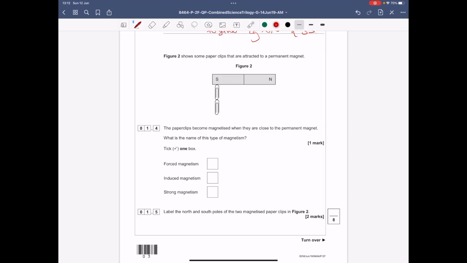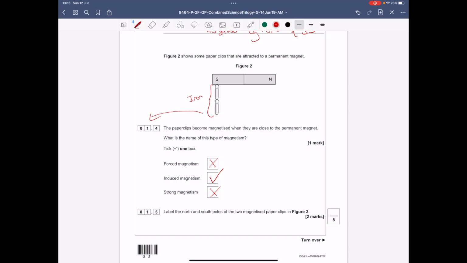When you've got a magnetic material like these iron paper clips and they're brought into the magnetic field of a permanent magnet, they can become magnetized themselves and make their own temporary little magnets. We call this type of magnetism induced magnetism, because if you take the paper clips away, they would then lose their magnetism. So it's not forced magnetism and it's not strong magnetism.